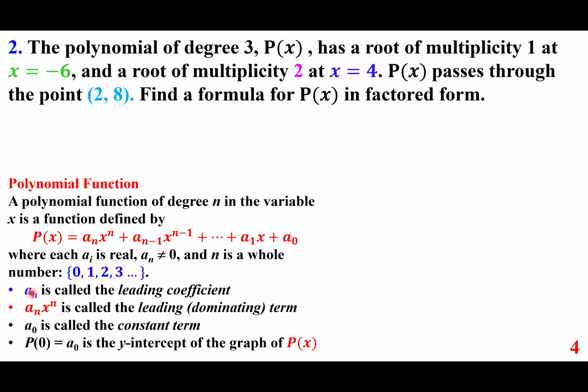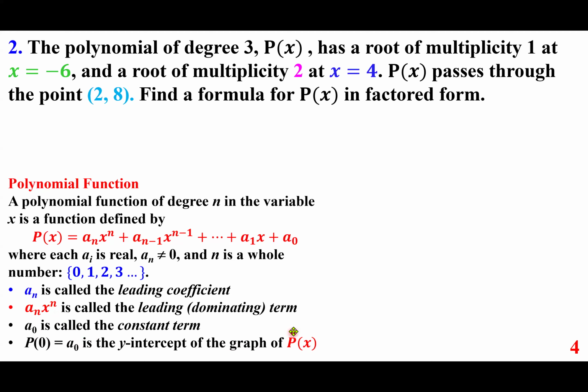A sub n is called the leading coefficient. A sub n x to the power of n is called the leading or dominating term. A sub 0 is called the constant term, and in essence, it becomes the y-intercept. P of 0 equals a sub 0 is the y-intercept of the graph of P of x.